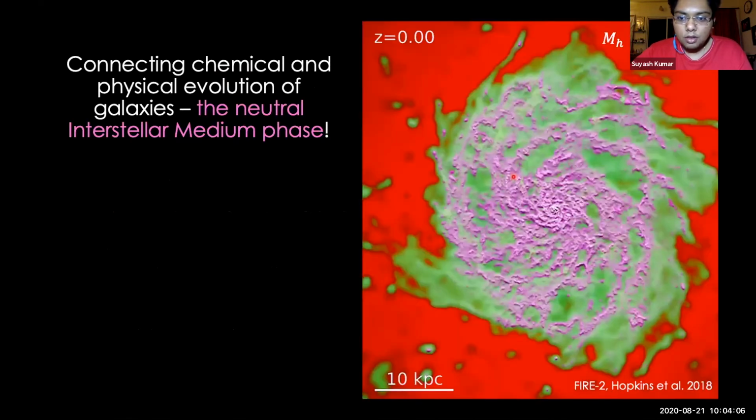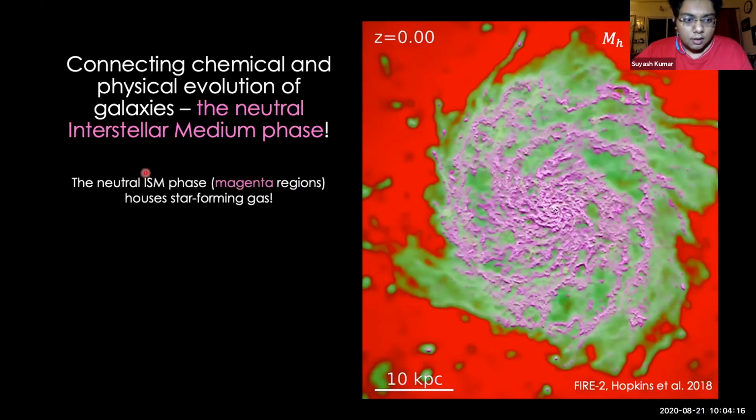So what I have here is the present day heat map of a simulated dwarf galaxy that has a dark matter halo mass of roughly 10 to the 12 solar masses. And the important point here is that the neutral ISM phase, which for your reference are the magenta regions in this figure here, house the star forming gas because they are essentially all the cold gas in the interstellar medium.